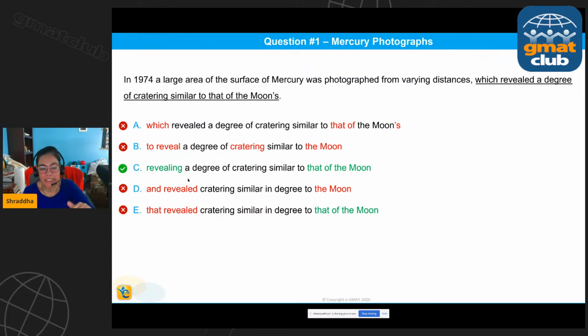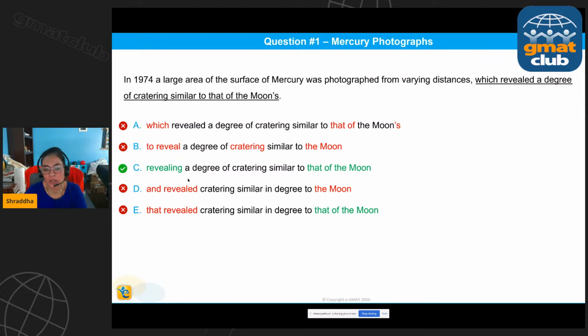This part of the sentence, a large area of the surface of Mercury revealed cratering similar in degree, has got nothing to do with the action of being photographed. So these actions are absolutely independent, and we know that is not the case, because the action of photography led to the revelation of the cratering on the surface of Mercury.